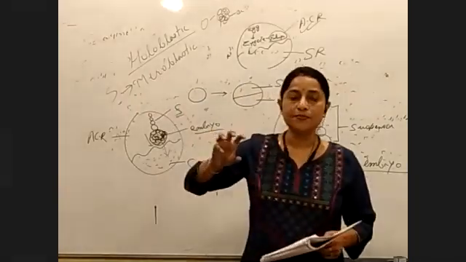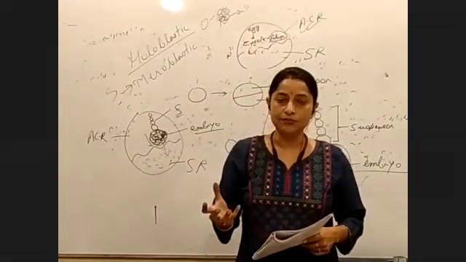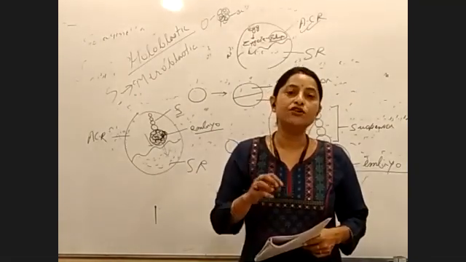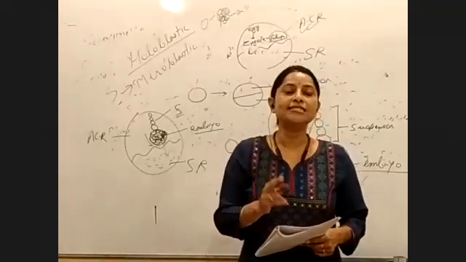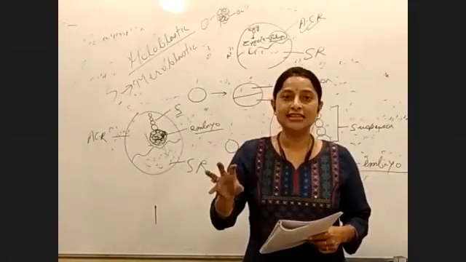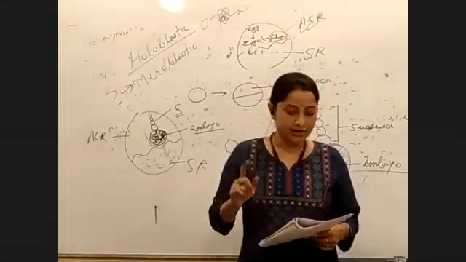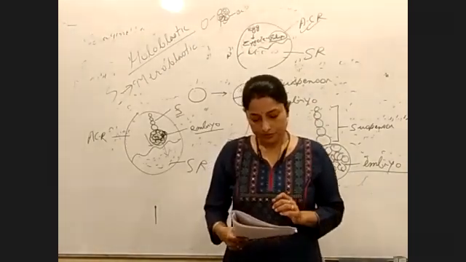What is the difference? If the entire zygote forms the embryo, that is called holoblastic. If only a part of the zygote forms the embryo, it is called meroblastic. Clear?